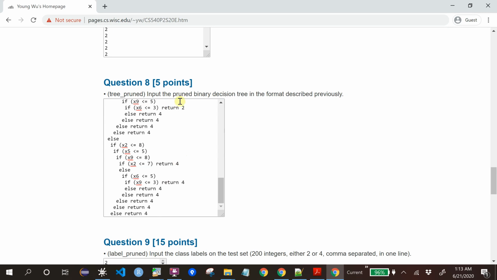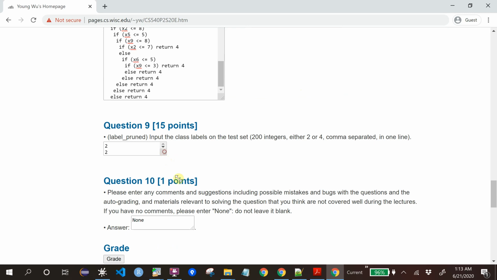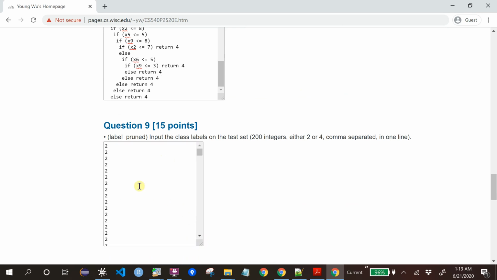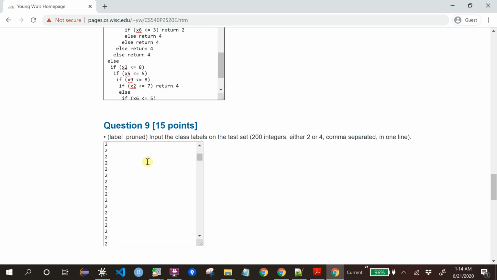Here, I'm going to check the depth as well. Lastly, I'm going to do the same thing to generate labels according to the tree that you provided in question 8, and then check how many of these are incorrect. After pruning, there are a few more that are incorrect, but it's okay.